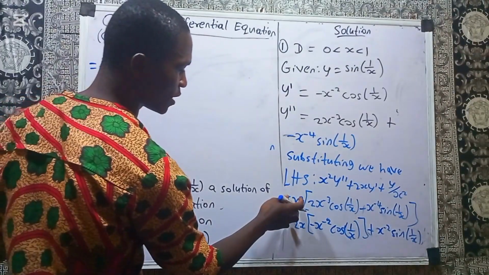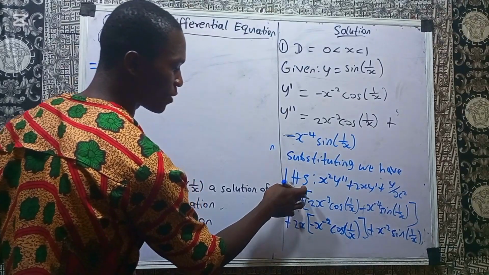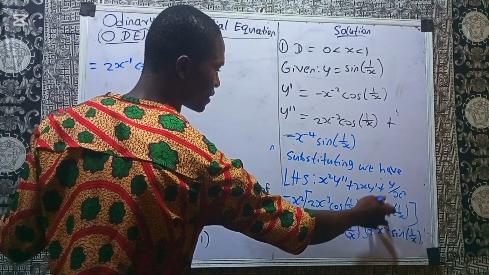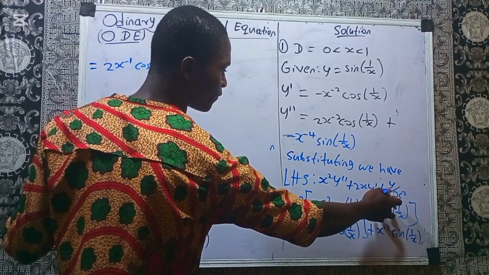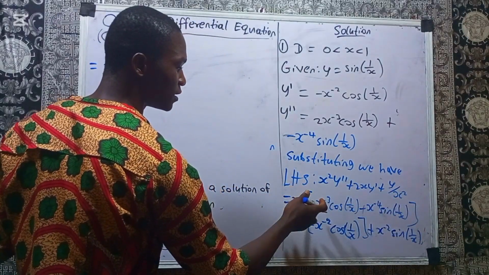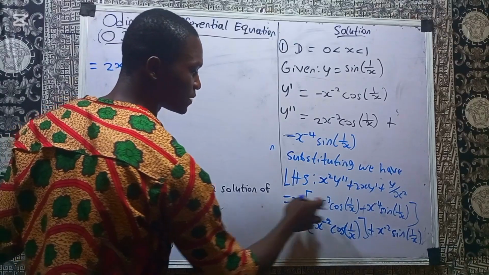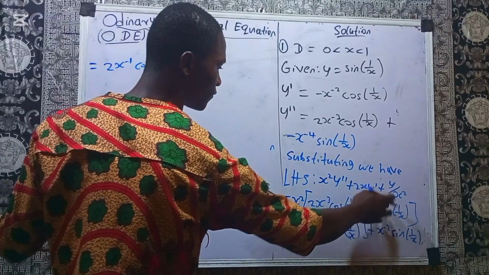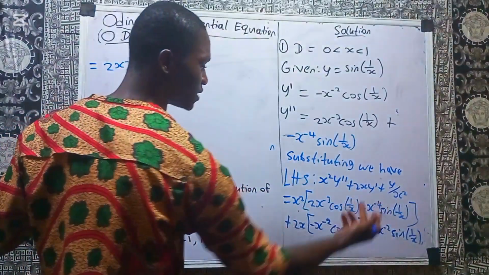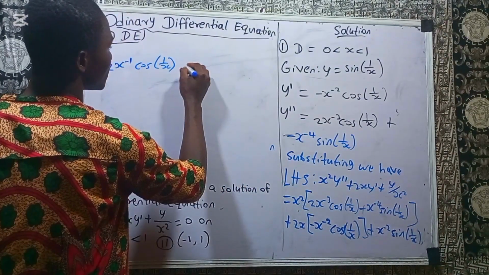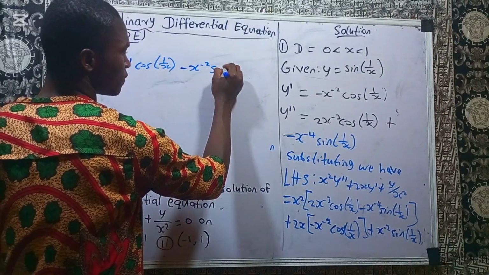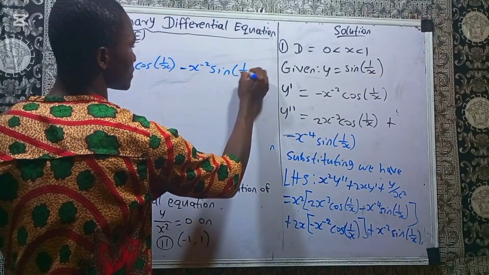Then this x raised to power 2 will multiply negative x raised to power negative 4 sine 1 over x. You add the index of x: 2 plus negative 4 is negative 2. So you have negative x raised to power negative 2 sine of 1 over x.